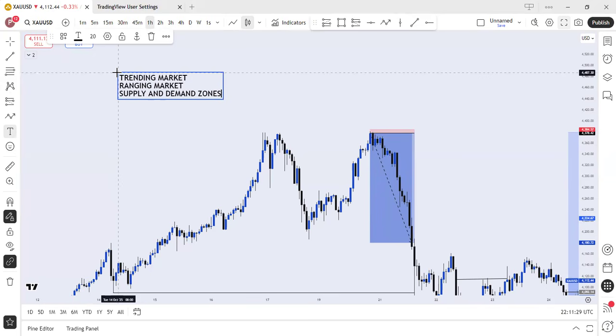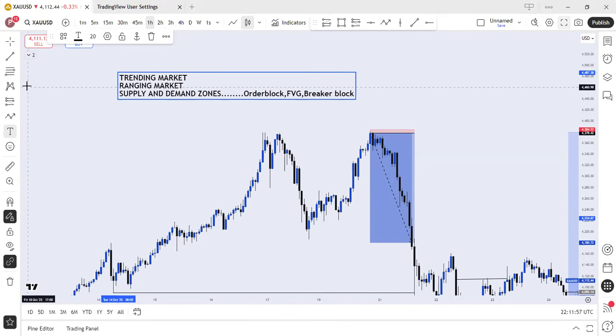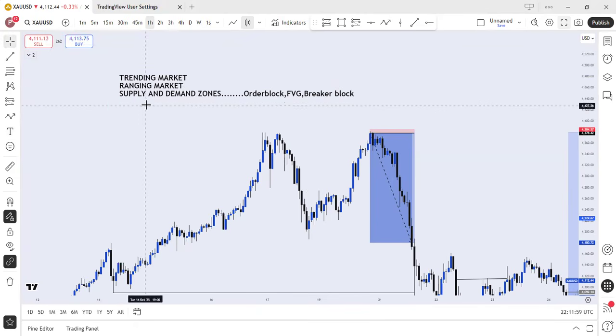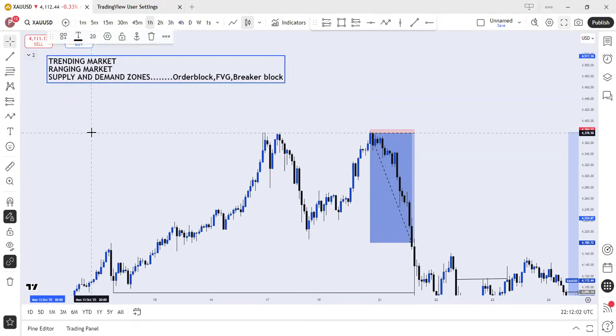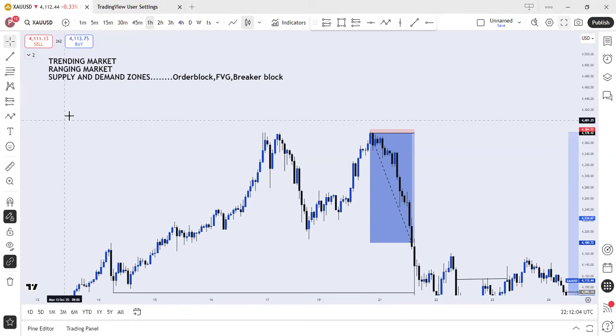Right, so these supply and demand zones can also be in the form of an order block, a fair value gap, and a breaker block sometimes. So these are the three main things that I look out for anytime I want to analyze the market. I take notice of all these three things.